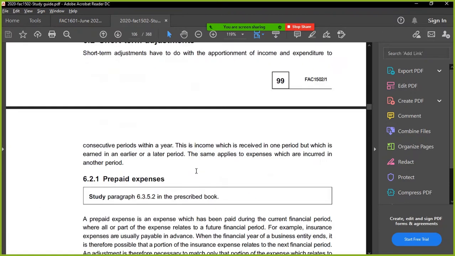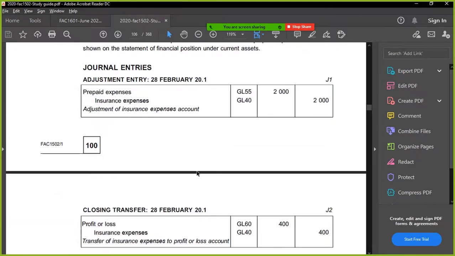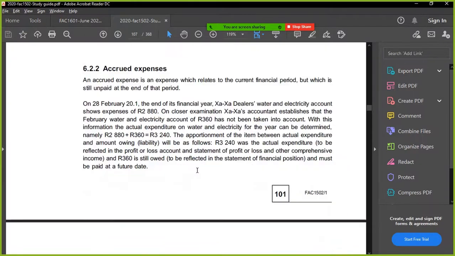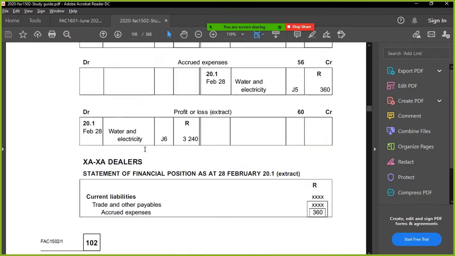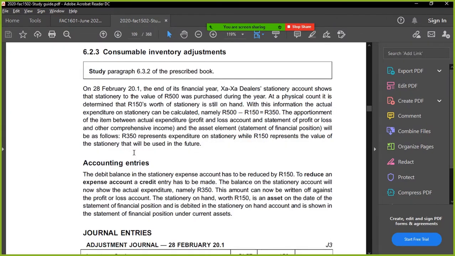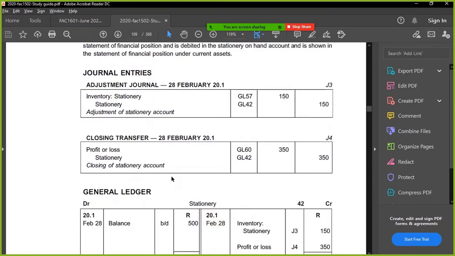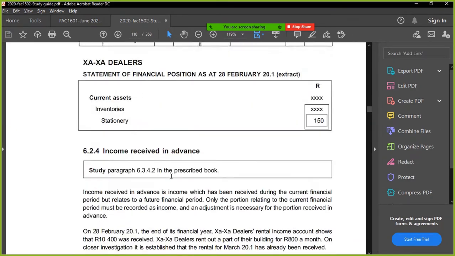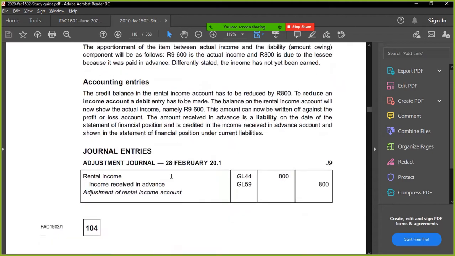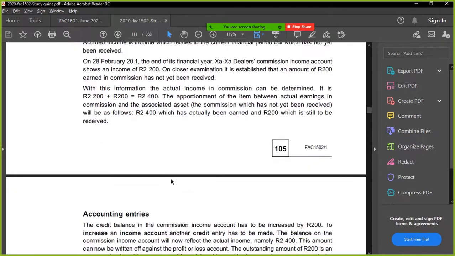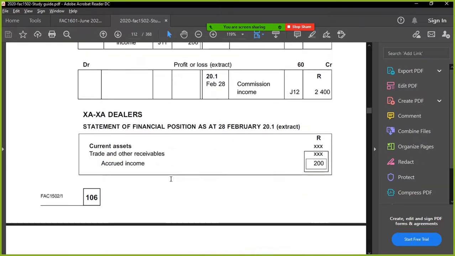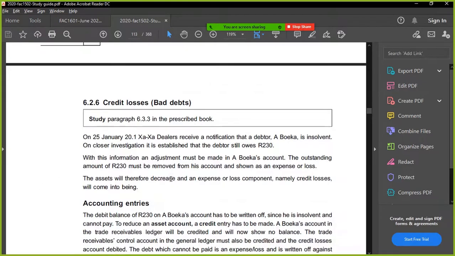Let's see if I can find more here. Prepaid, accrued. Okay, here they're looking at adjustments, consumable stores, accounting journal entries. Here's accounting entries, credit losses.